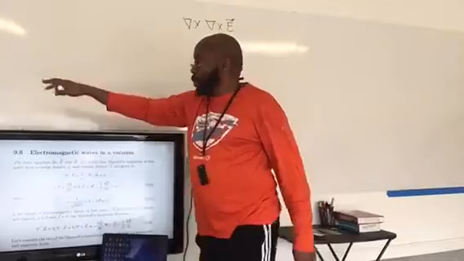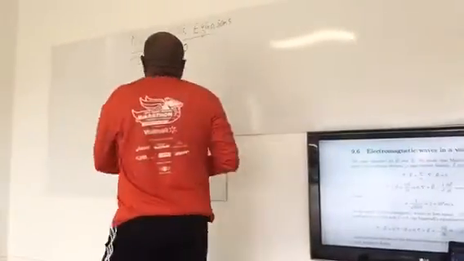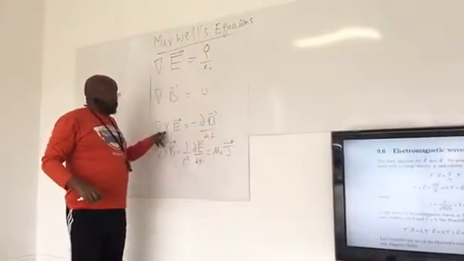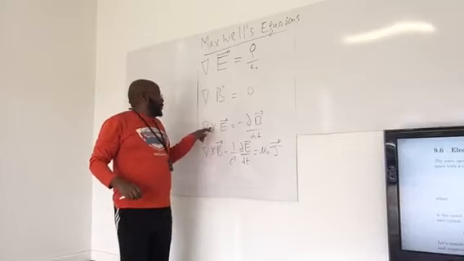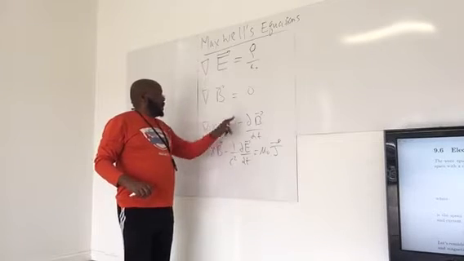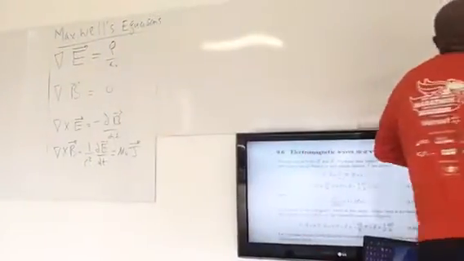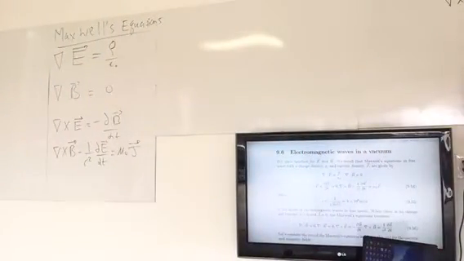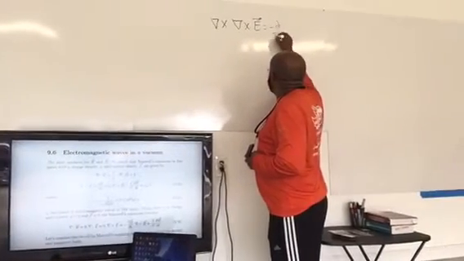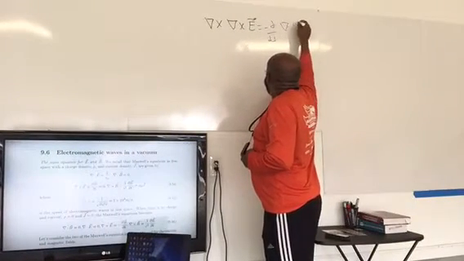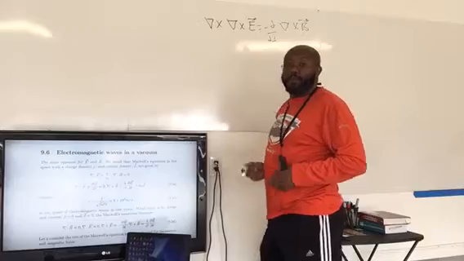From this equation, this is the curl of the electric field. If I take the curl of this, I have to take the curl of that. So what I'm going to have is minus d by dt curl of B.